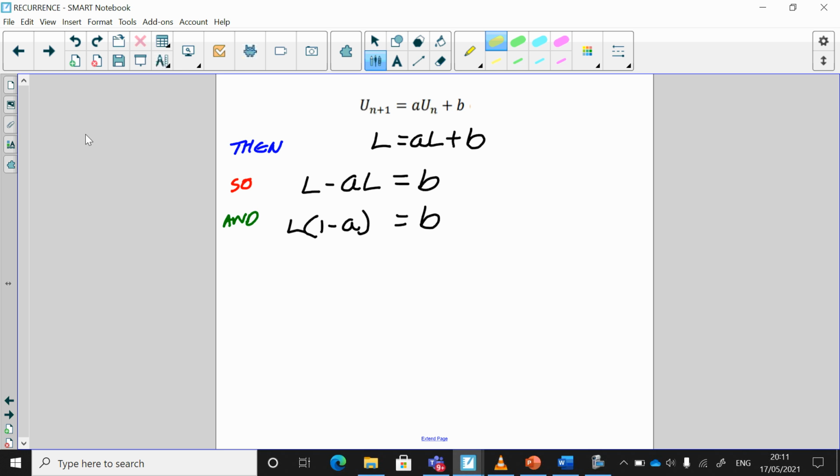So that's factorisation. It's L times whatever's in the bracket. So get rid of the bracket, it'll go across the other side and you'll divide. There you go. So that there is a little formula depending only upon A and B that will give us a limit, if it exists.